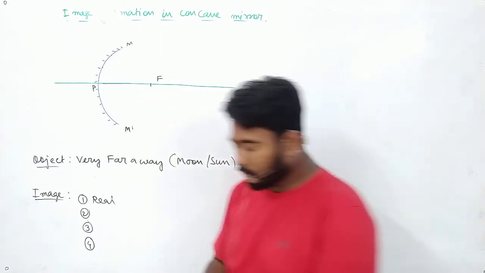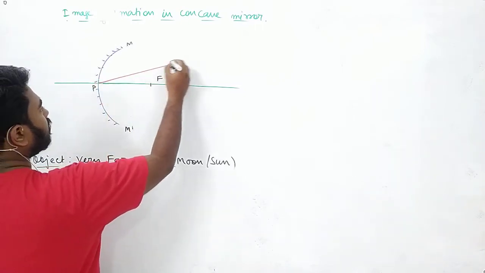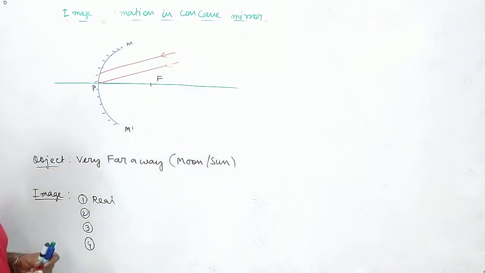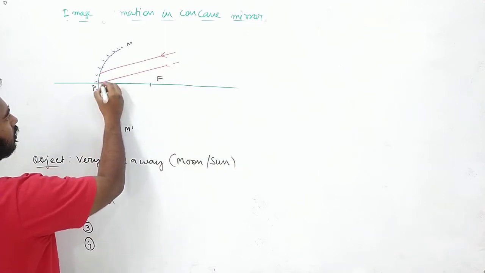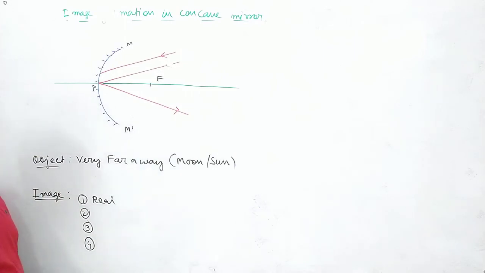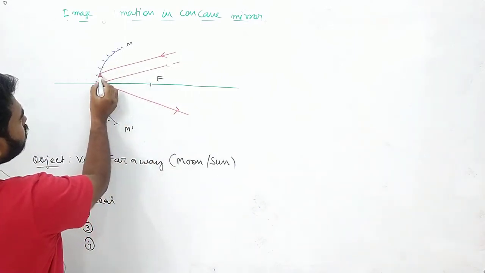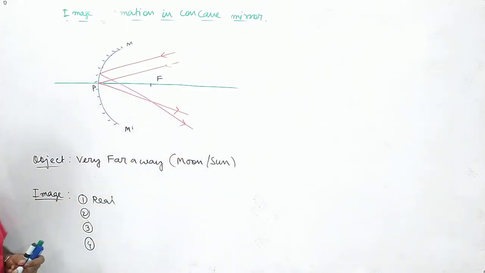Now if the rays are parallel to each other, can I drop some rays like this? Now after reflection, we know when a ray of light falls on the pole, it gets reflected making the same angle, right? Now this will also get reflected in this way.